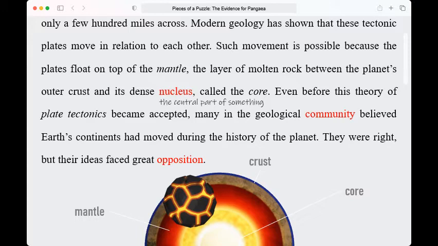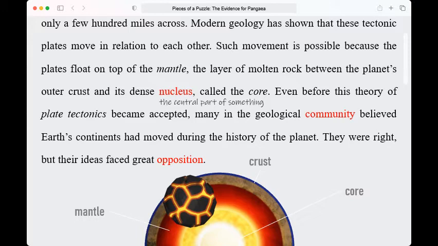They flow, they move about. And because there's a layer of mantle under the plates, they can slowly move. Again, where does the mantle lie? In between the outer crust and the inside core, the center of the planet.